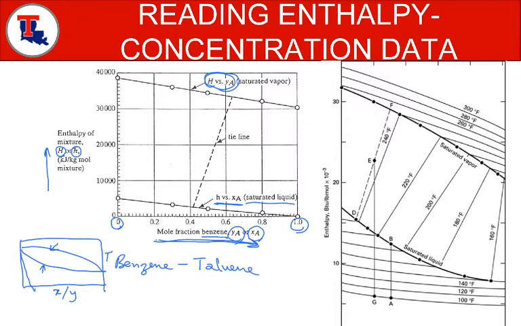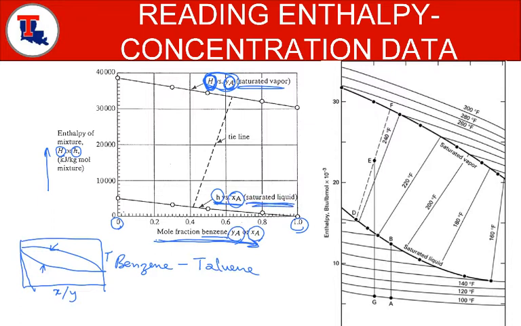For this capital H, whenever you read any points off it, or locate a point on this curve, you always use YA values, because this corresponds to the vapor phase. For the bottom curve, the small h, you always read the x value, because this corresponds to the saturated liquid phase.